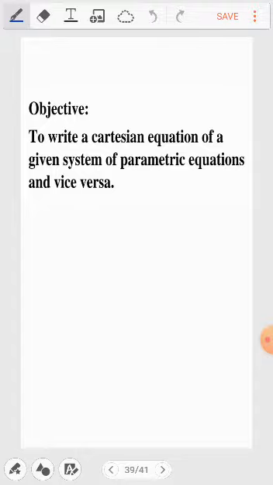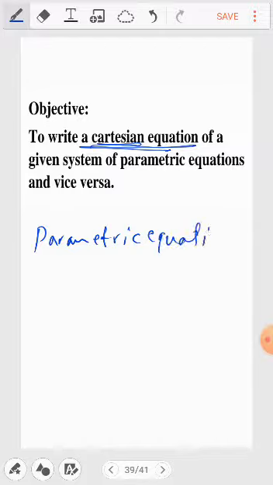Now new objective. To write a Cartesian equation of a given system of parametric equations and vice versa. شو يعني? We have parametric equations. If we have a parametric equation, we have to write it in Cartesian.